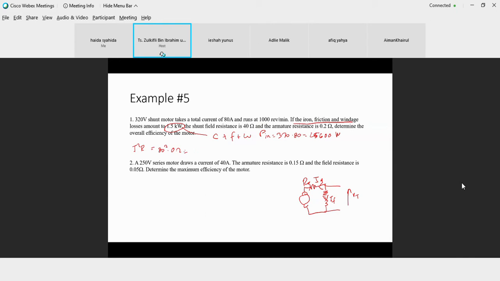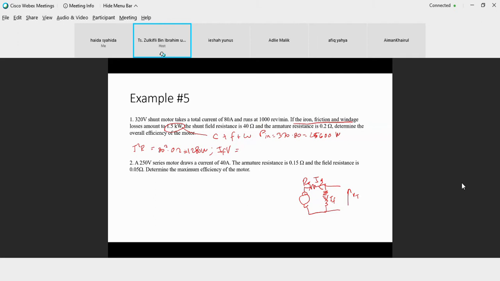So 80 times 0.2, so you get about 1280 watt. Okay, and now you still have the conductor losses, which is the shunt, which is equal to IFV. So how much is your IF?